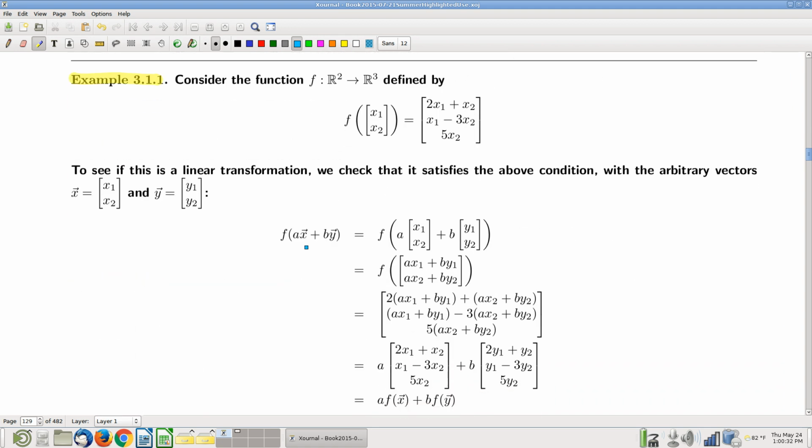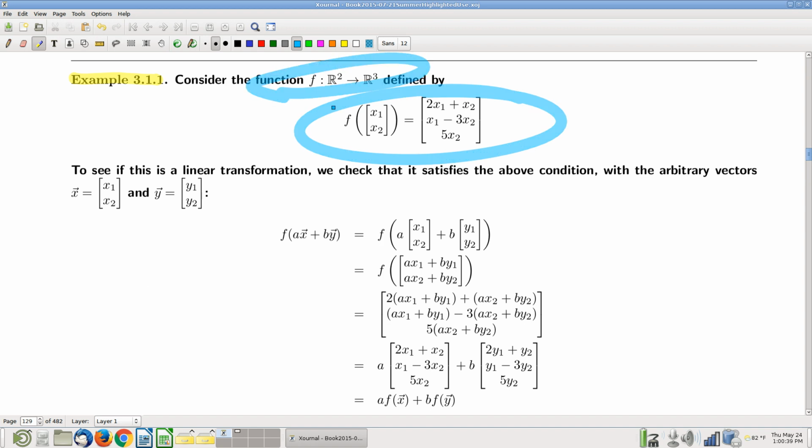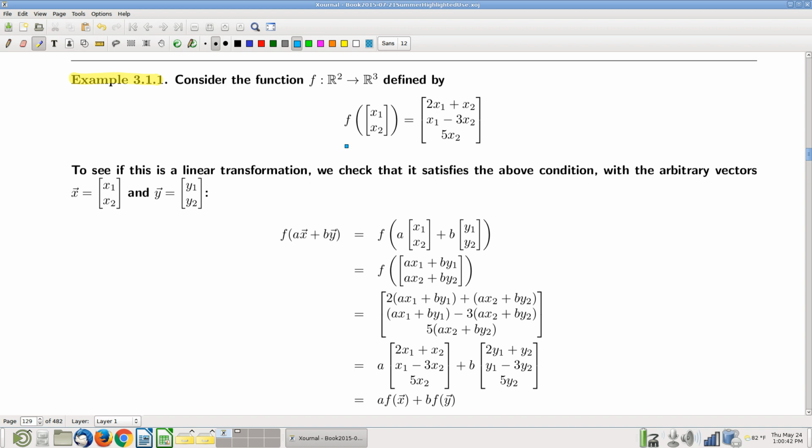Okay, so again, a tedious process. Everybody's got to do this at least once. Here is a function from R2 to R3. Is this a linear transformation? Now let's look at the right-hand side, and you'll notice immediately that there are no cosines in here, right? There are no exponentials. Nothing is being cubed. There are no square roots. You're going to want to say, well, come on, it's linear. Every term is linear.